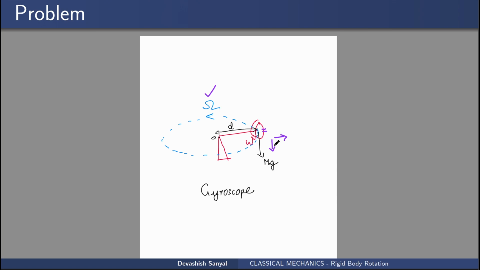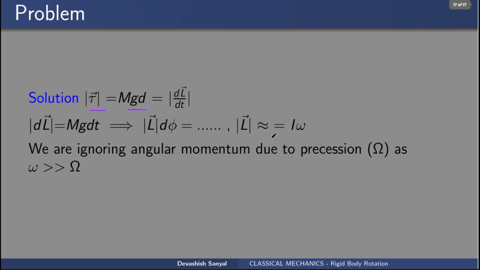R cross F means the torque is acting into the page. So this torque is causing the rotational motion. Torque is equal to mgd, and torque is nothing but the rate of change of angular momentum, so we can write dL vector is equal to mgd dt.